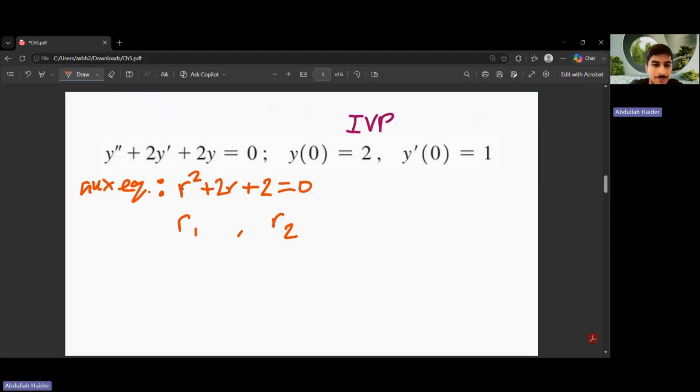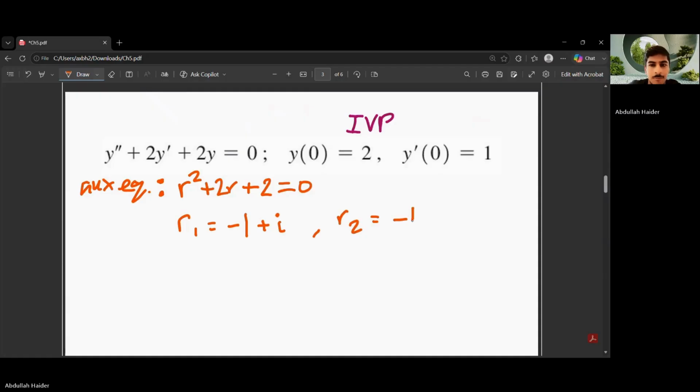So when you find the roots, you get r1 is equal to minus 1 plus i, and you get r2 is equal to minus 1 minus i.